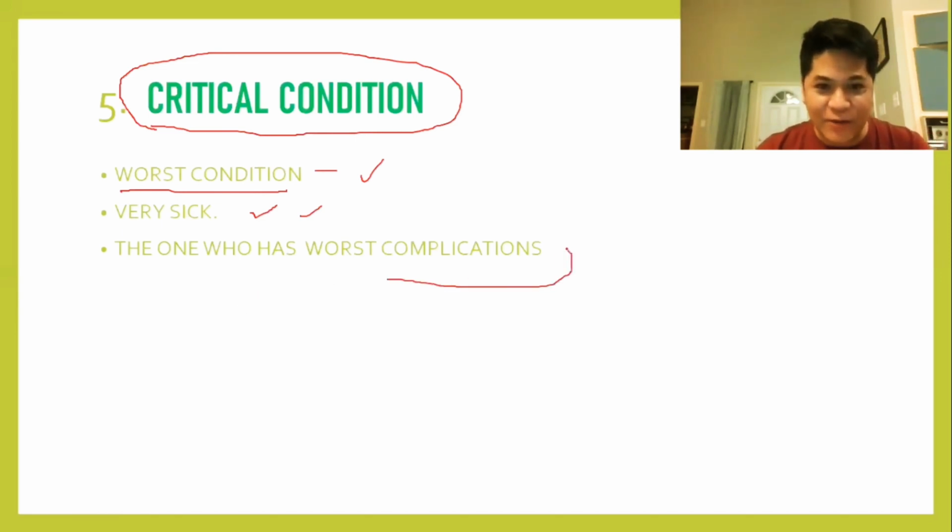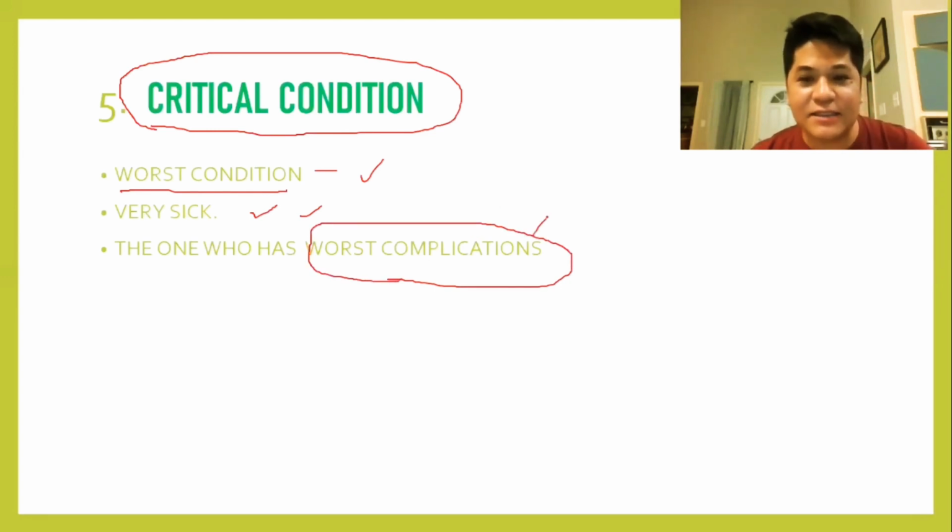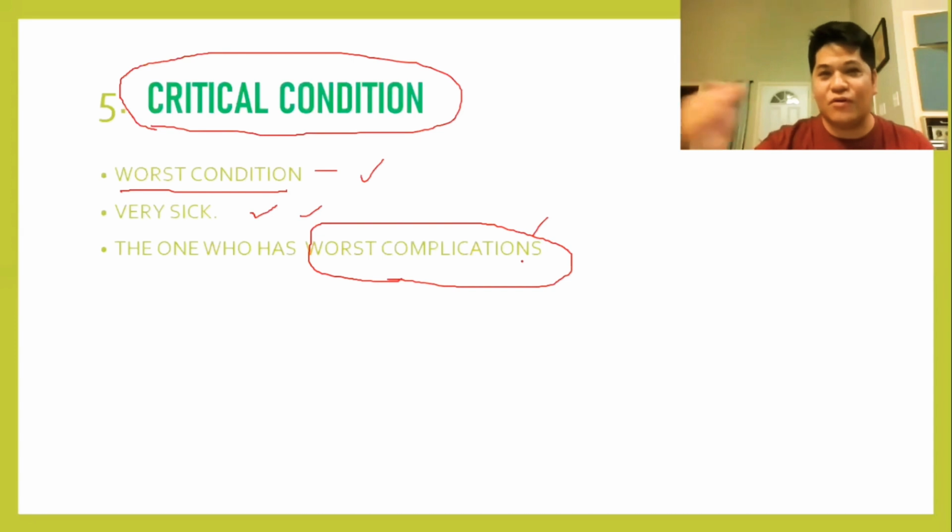Remember these keywords. So if the symptom is a complication, or you assume that the client has this kind of complication that might occur in the scenario, then that's your answer. Think on that.